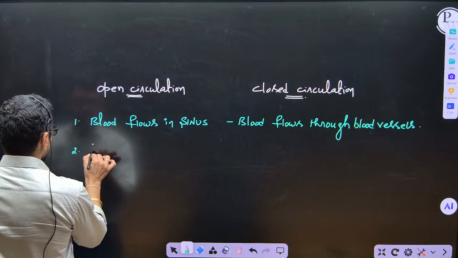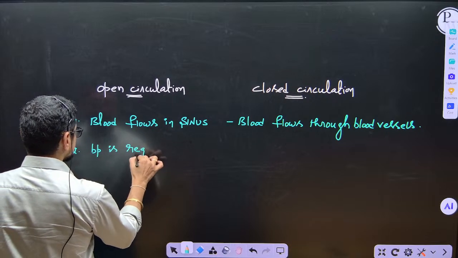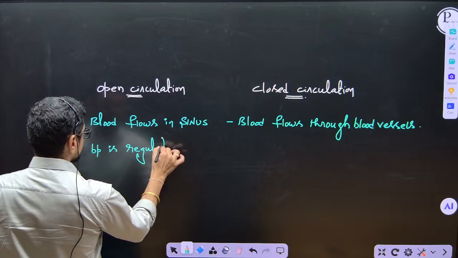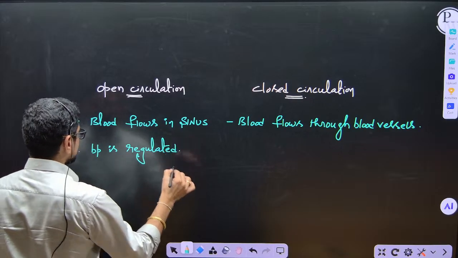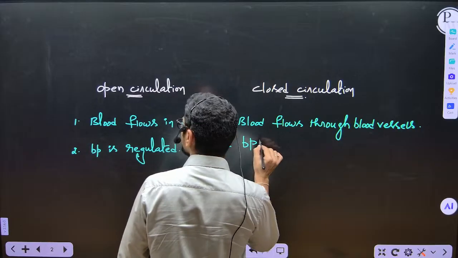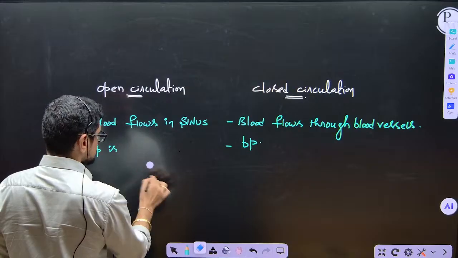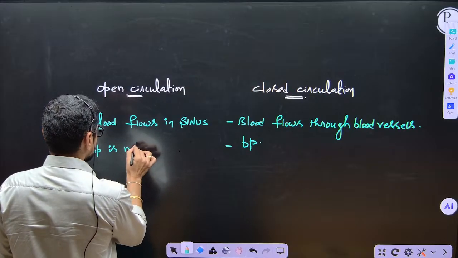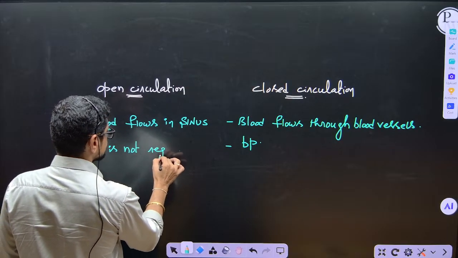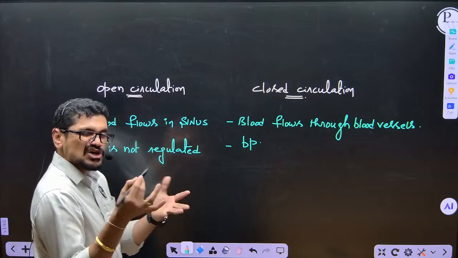Second difference: blood pressure is regulated here in closed circulation. In open circulation, blood pressure is not regulated, it is not under control.